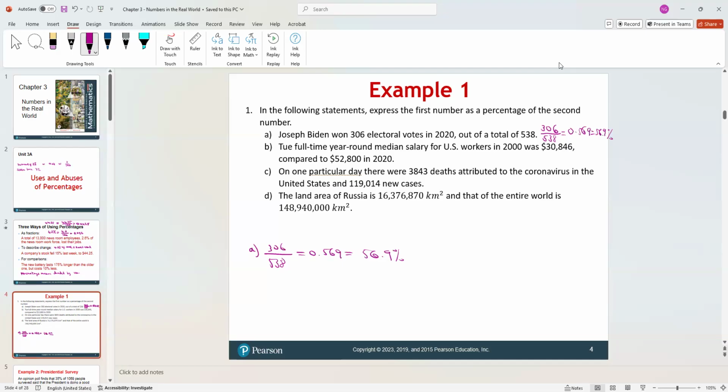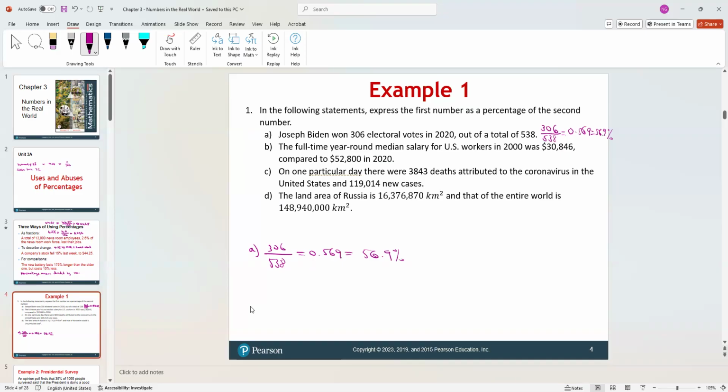We said the full time. I think we need to put the full time. I said two full time sizes for that, it was a typo. All right. The full-time year-round median salary for a U.S. worker in 2000 was $30,846 compared to $52,800 in 2020.